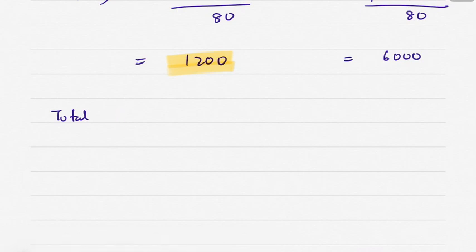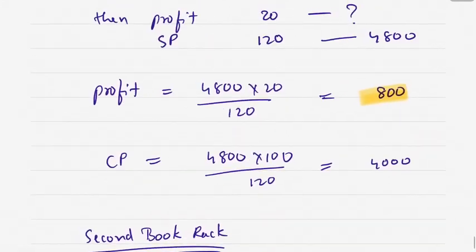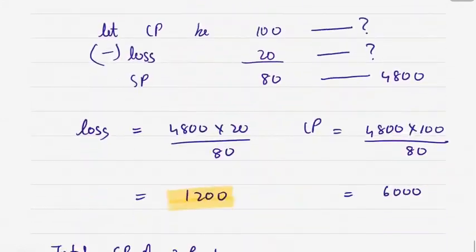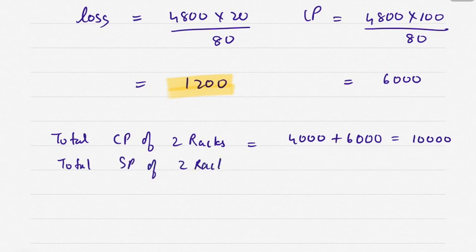Total cost price of 2 racks is equal to 6,000 plus 4,000. Right? 4,000 plus 6,000, which is 10,000. Okay. Total selling price of 2 racks is equal to 4,800 plus 4,800, which is already given, right? 4,800 into 2, which is 9,600.